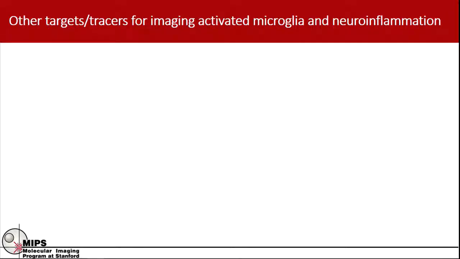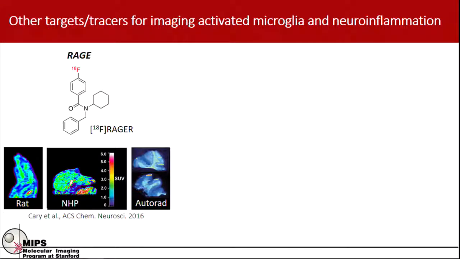So other targets that people have been looking at for imaging activated microglia and neuroinflammation, one of them is RAGE, or the receptor for advanced glycation end products. And this is some really nice work out of Peter Scott's lab.